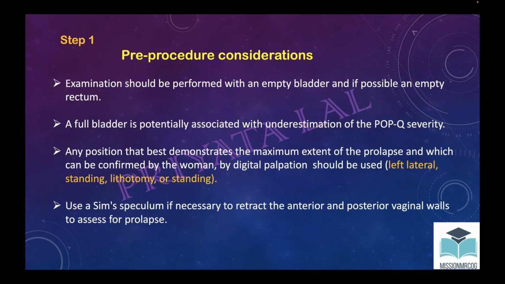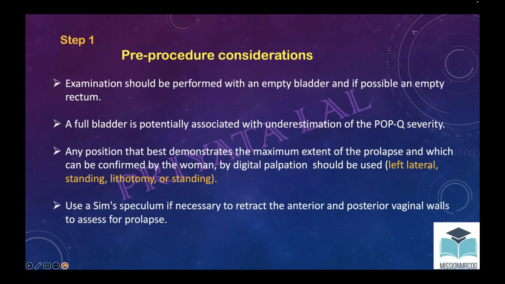Apart from this, we want to know the maximum extent by digital palpation, so the position could be left lateral, standing, or lithotomy. Any position where the maximum extent can be seen can be used. What you require is a Sims speculum and a scale with pointed marks for the quantification. So this is the pre-procedure consideration.